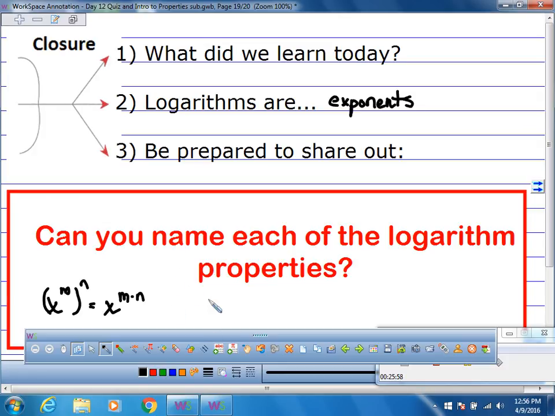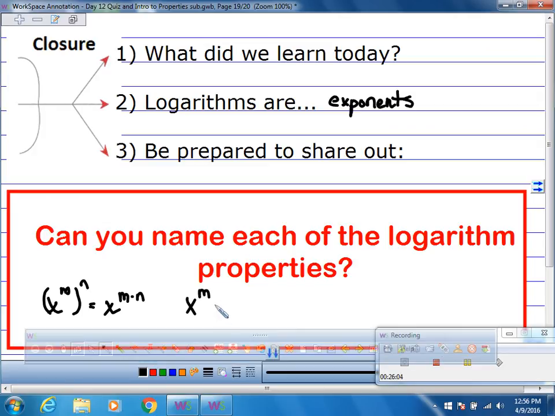We've got the product property, x to the m times x to the n equals x to the m plus n. And you've got the quotient property, x to the m over x to the n equals x to the m minus n.